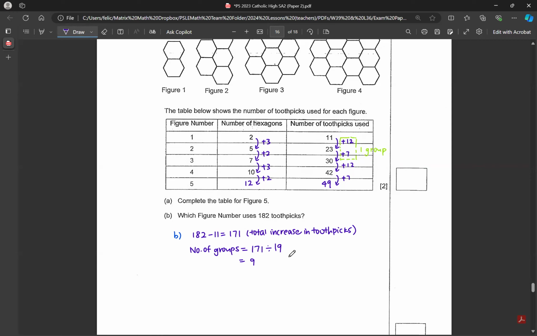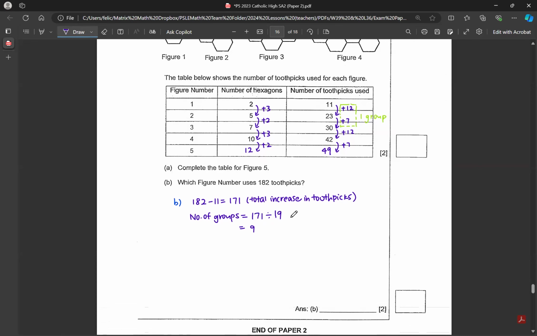Now, to get to the figure number, how do I know? If you look at one group, how many intervals does every group consist of? Every one group has 2 intervals, right? 2 increases means 2 intervals.